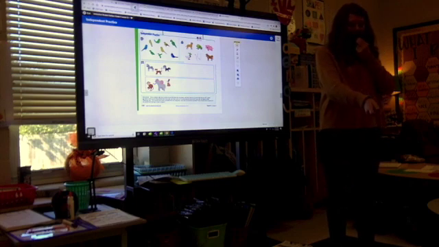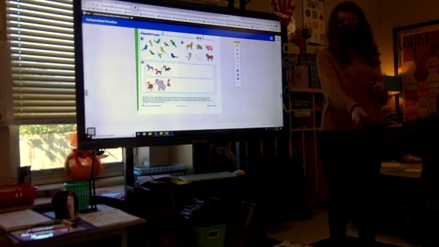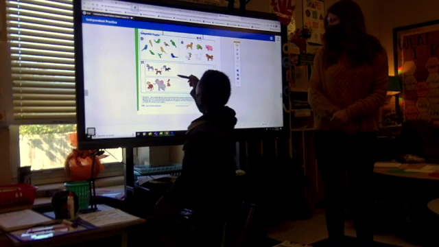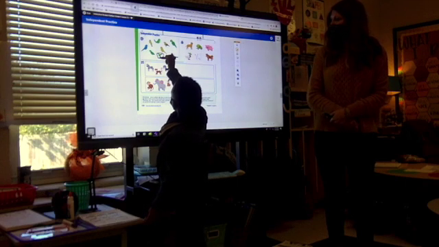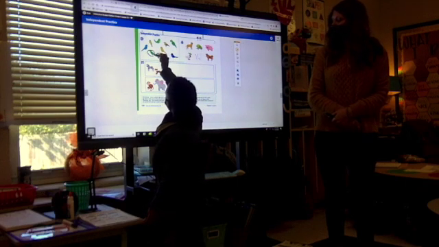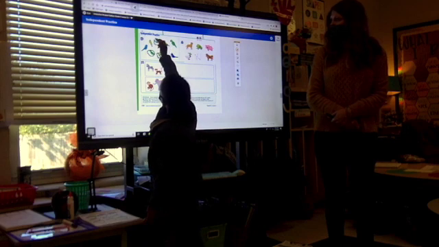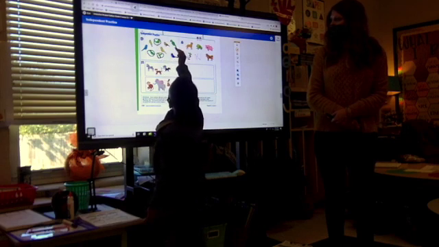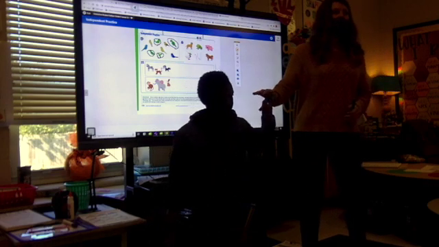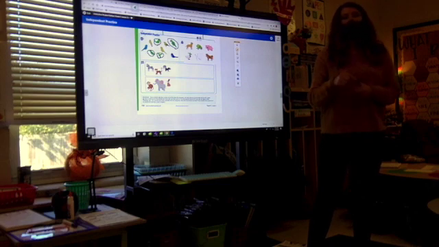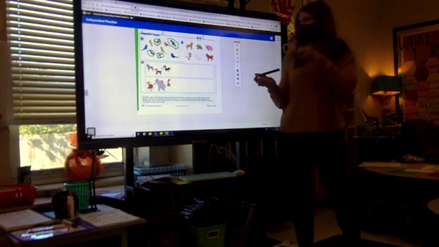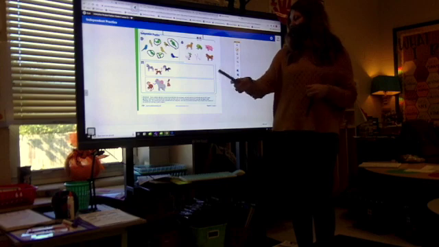Tristan, come circle our green birds. Good, those are our green birds. Kindle, come put an X on the birds that are not green.